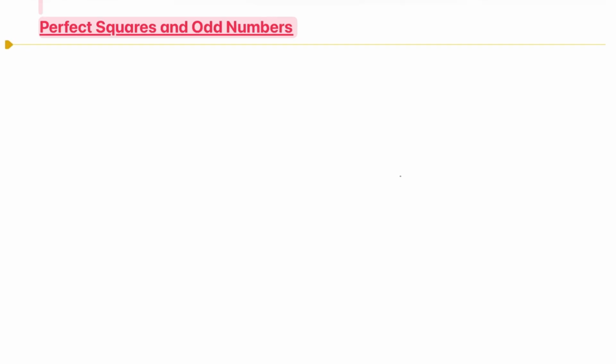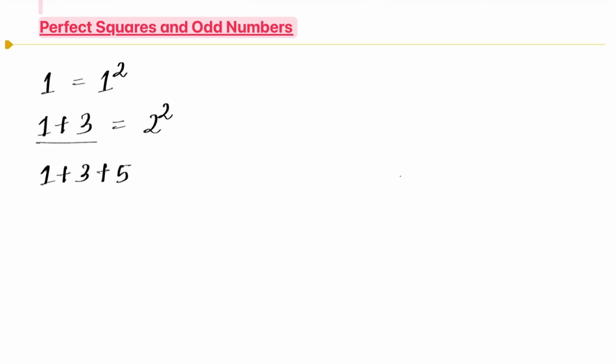We know that the first odd number is 1 and it equals 1 square. The sum of first two odd numbers is 1 plus 3, which equals 4, and it is the square of 2. Sum of first three odd numbers is 1 plus 3 plus 5, which is 9, and it's the same as 3 square.